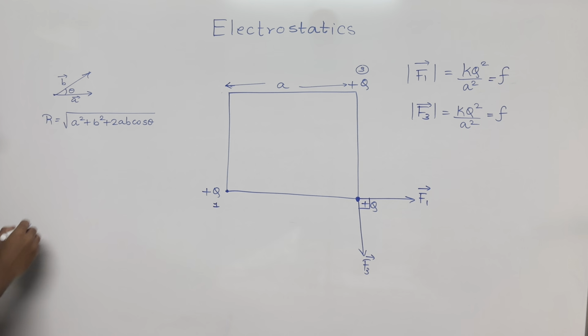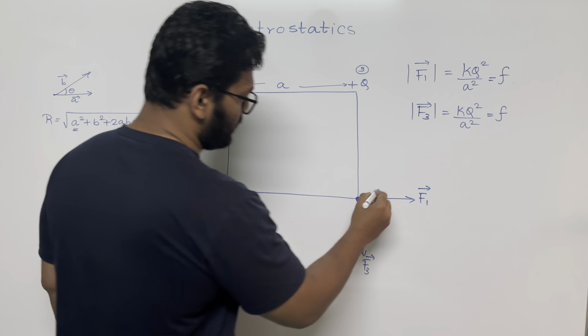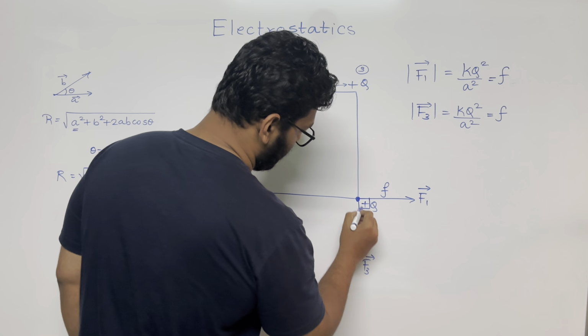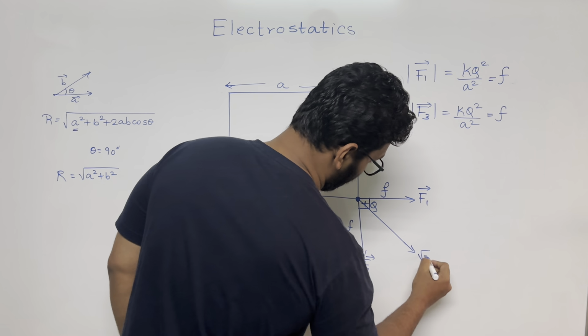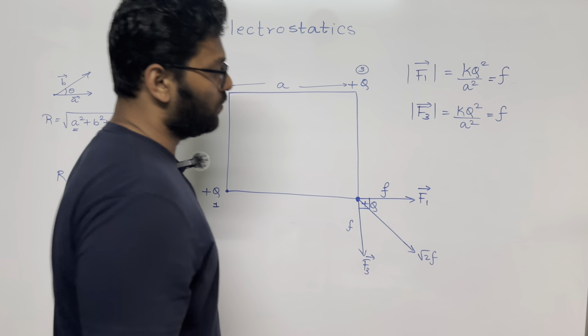When theta is 90 degrees, the cos term becomes 0, so it ends up as the square root of a square plus b square. Here also, this is f, this is f, and the resultant will be in this direction, which will be root 2f.